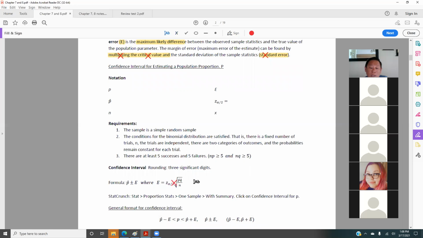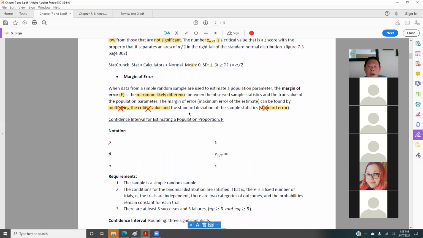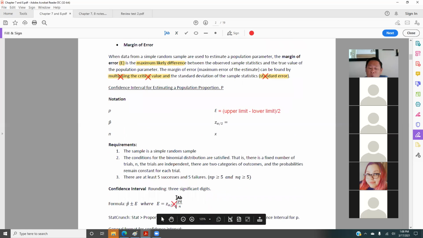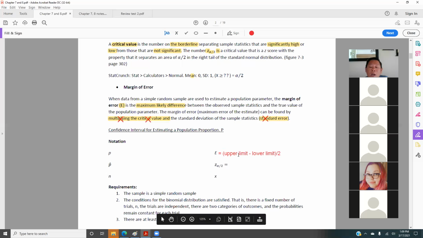In order to find the margin of error, you just take the upper limit, because StatCrunch will give you the upper and lower limits, minus the lower limit, divided by 2. That is the easiest way to find your margin of error. So please do not use the formula unless you don't have StatCrunch. If you have StatCrunch, use this. This is the easiest way.